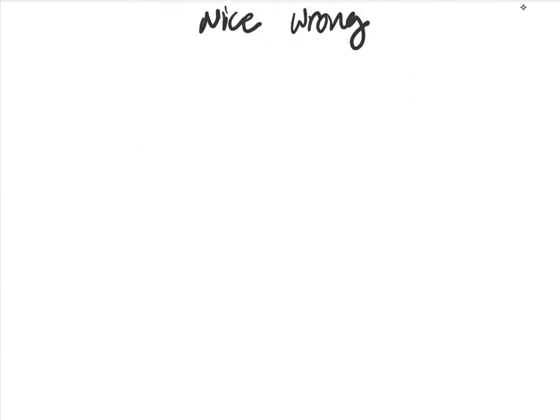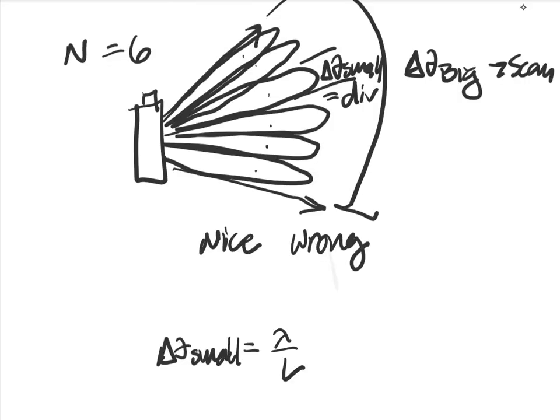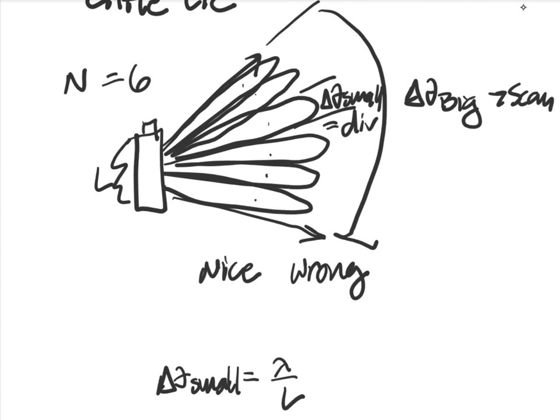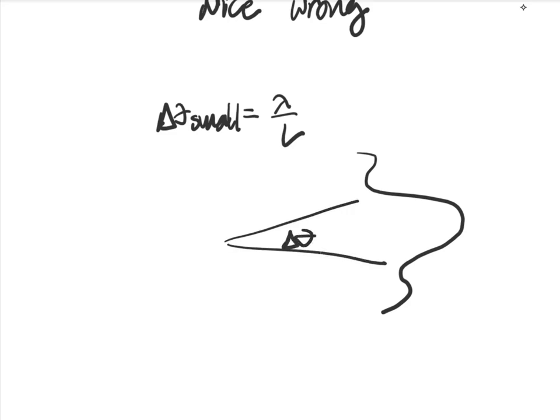Now, the first problem is that delta theta small is lambda over big L, where L is this distance here. And you'll remember that this is a half angle. So if we look at the sinc function, delta theta small is not this.